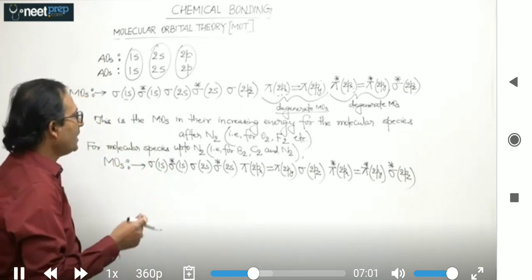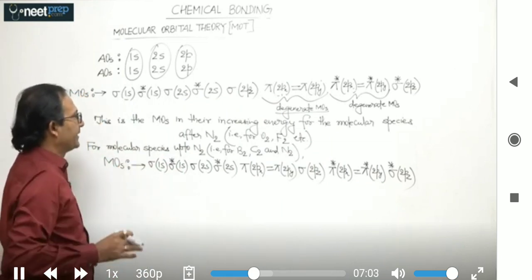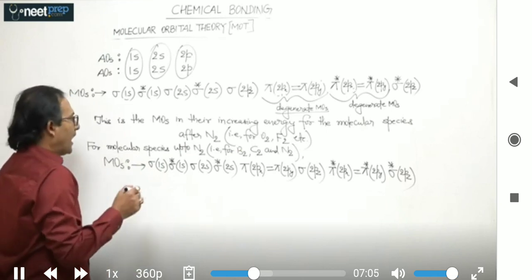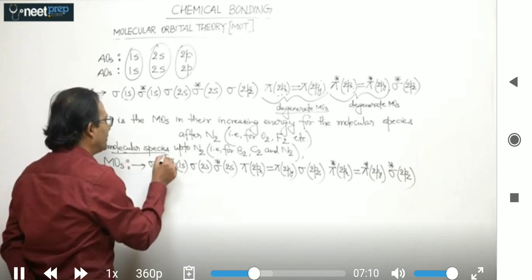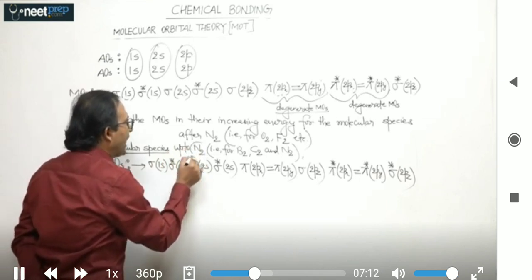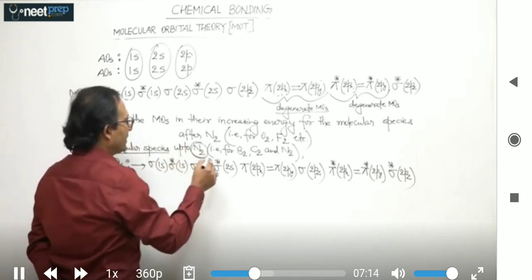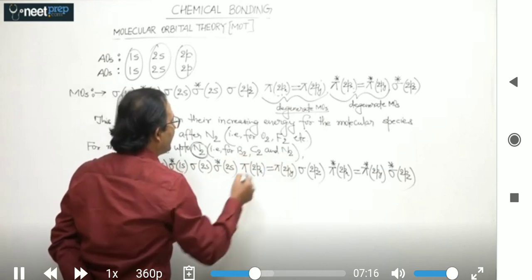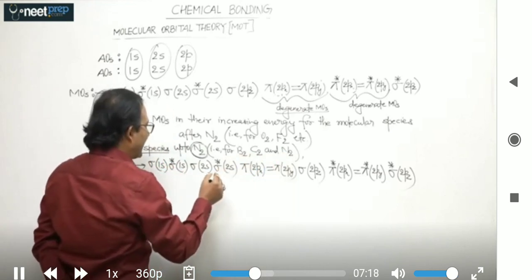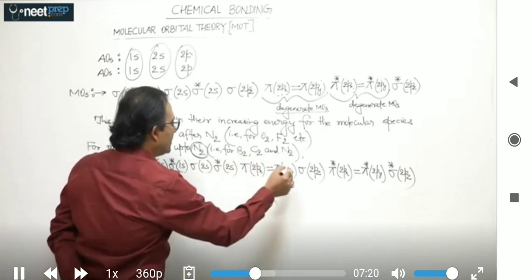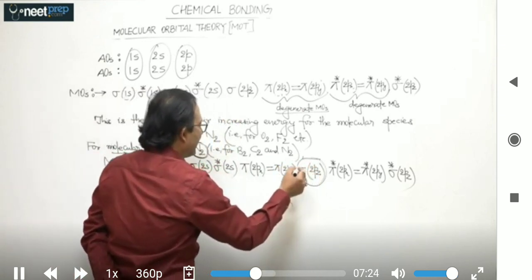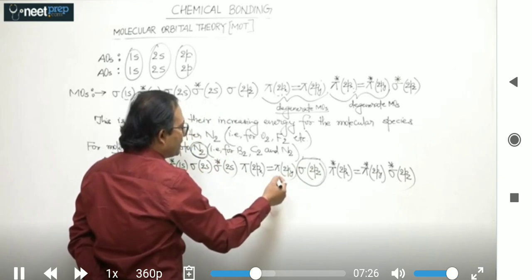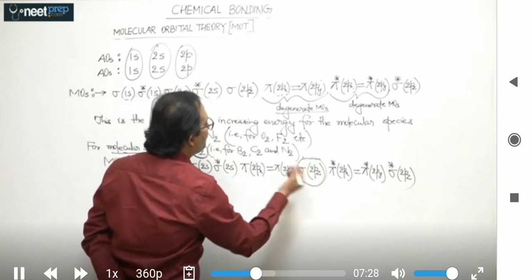Now you can see here that for the molecular species up to N2, that is for B2, C2 and N2, the energy of sigma 2pz is higher than the energy of pi 2p.